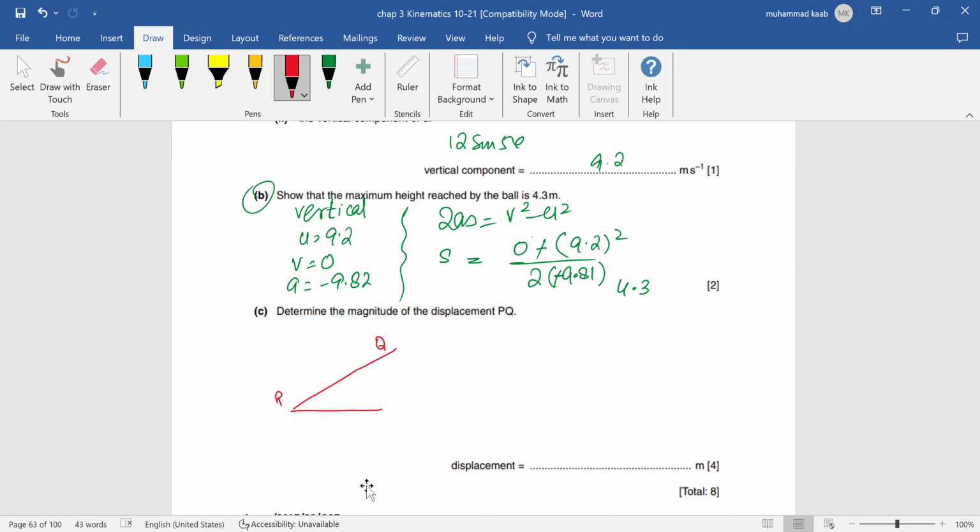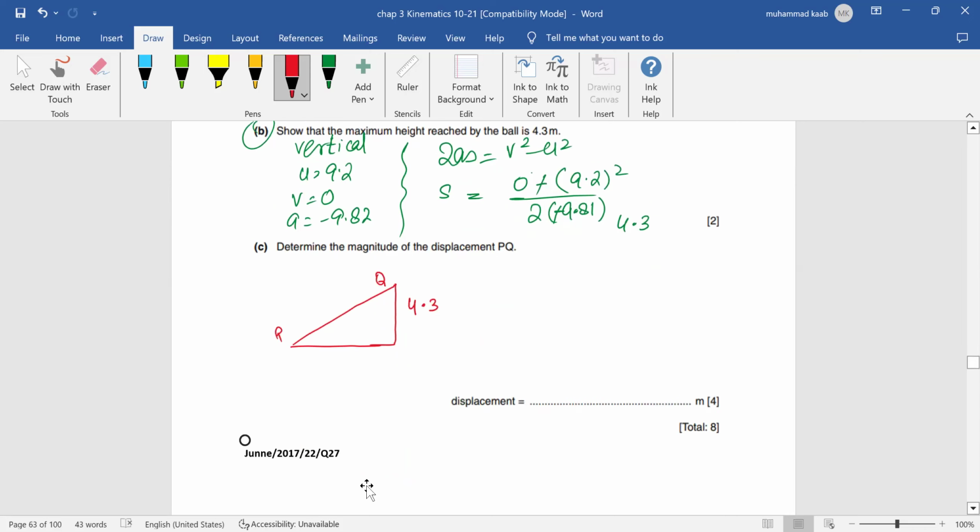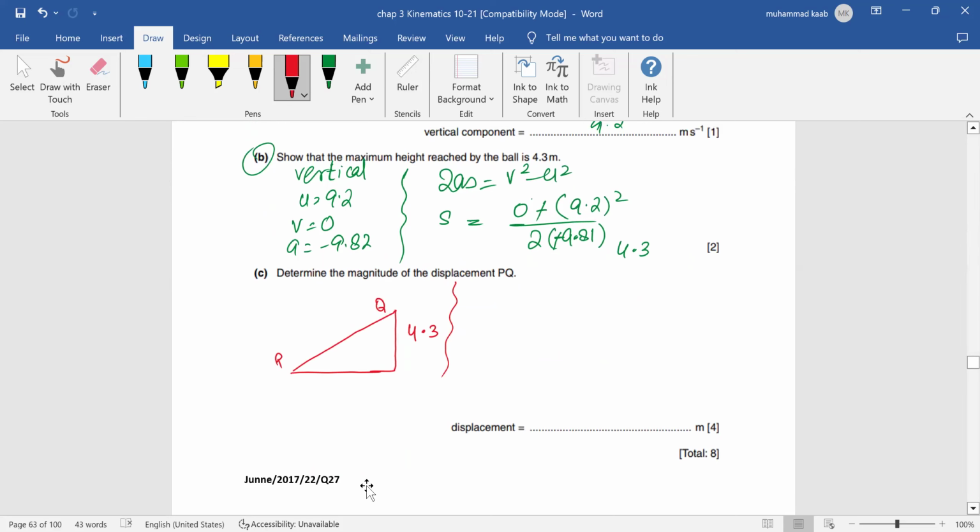For that we have the vertical distance which we found in the previous part, and we require the horizontal distance first. Then we can use Pythagoras theorem to solve for the displacement PQ. So for that we have to consider the horizontal motion.